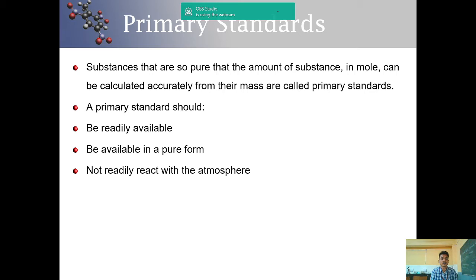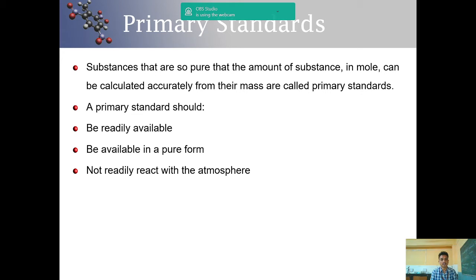The next thing is that they should not readily react with the atmosphere. Most chemicals readily react with the atmosphere or water, or some readily catch fire when they come in contact with the atmosphere. Such substances cannot be called primary substances. So primary substances should not readily react with the atmosphere.